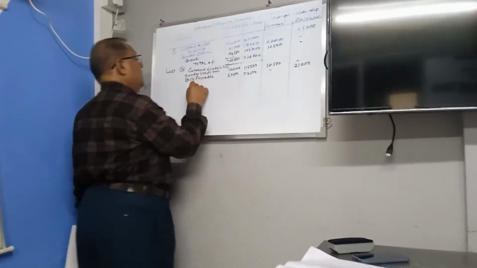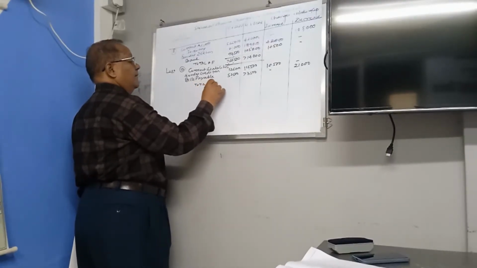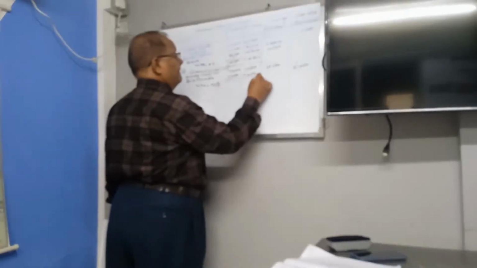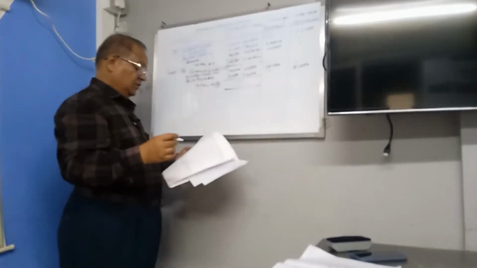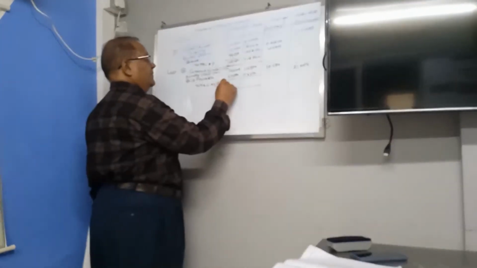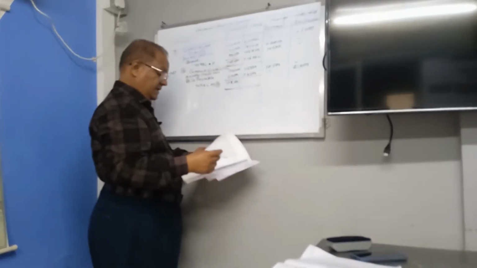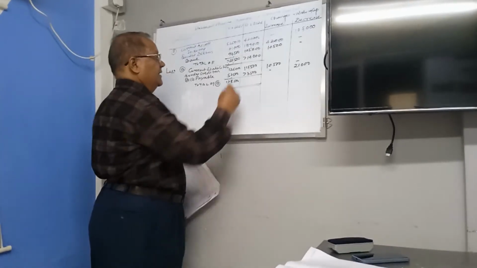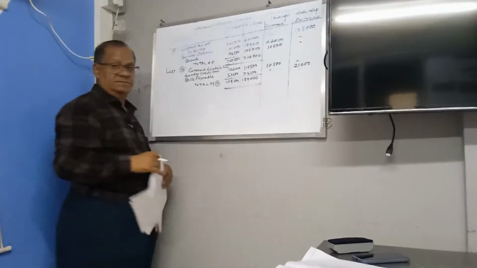Now we'll take the total of B. This total of B will be 1,78,500 and 1,89,000.